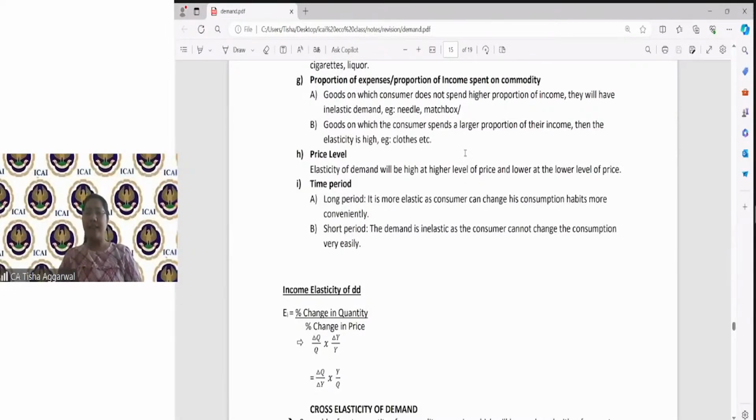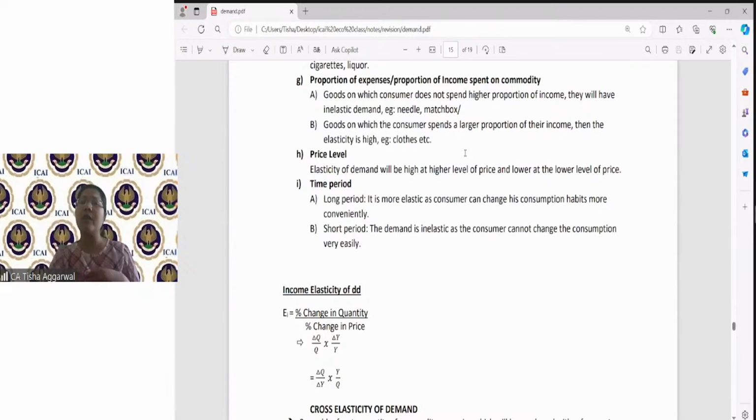Now, I'll give you one example. I am a person who earns, let's say, 50,000 rupees per month. You must have seen your parents using a sewing needle, which she must be using to tuck your buttons, etc. That needle costs around 5 rupees or 10 rupees. Assume the price of that needle increased from 10 rupees to 20 rupees.